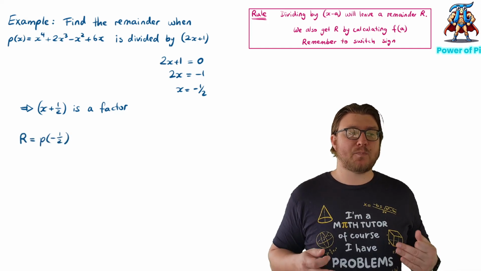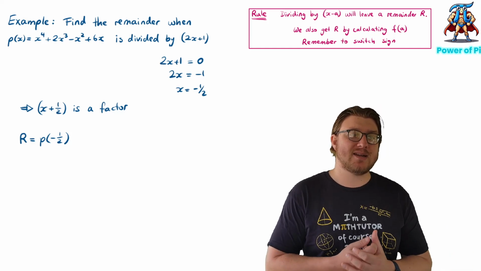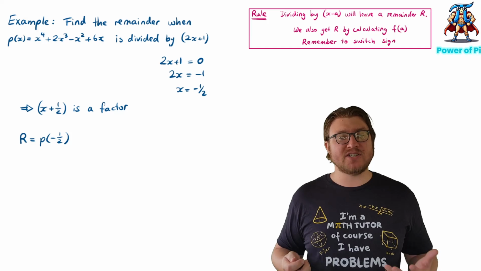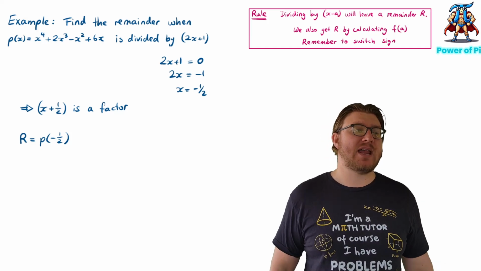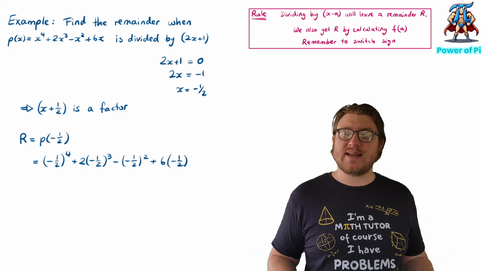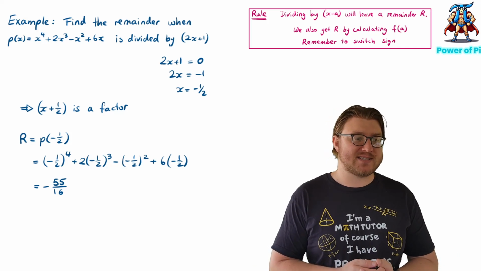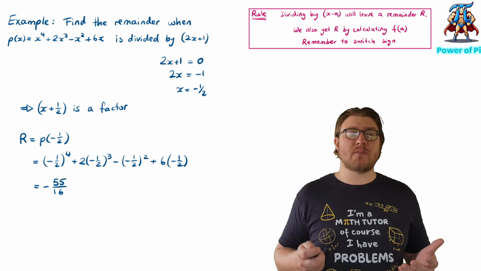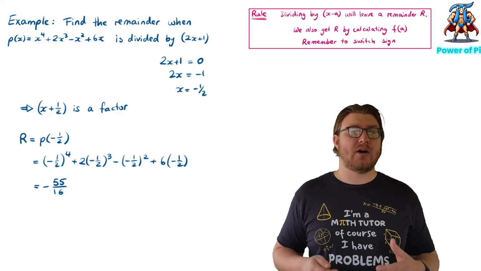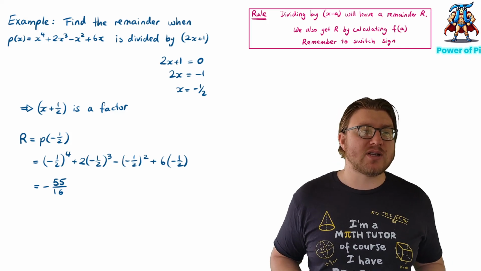So we're going to get the polynomial of -1/2. So we're substituting -1/2 into our equation. Well, now we just get our calculator out, see what we get, and we get -55/16. Well, this is the remainder if our polynomial is divided by 2x plus 1.